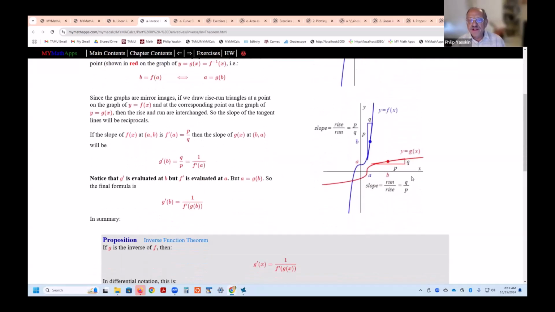And then here we see that the slope of the tangent line of the inverse is a reciprocal, because the rise-run triangle is again a mirror image. And that gives a reciprocal, but the important thing is that they're at different points. And so that's a graphical derivation of the inverse function theorem.